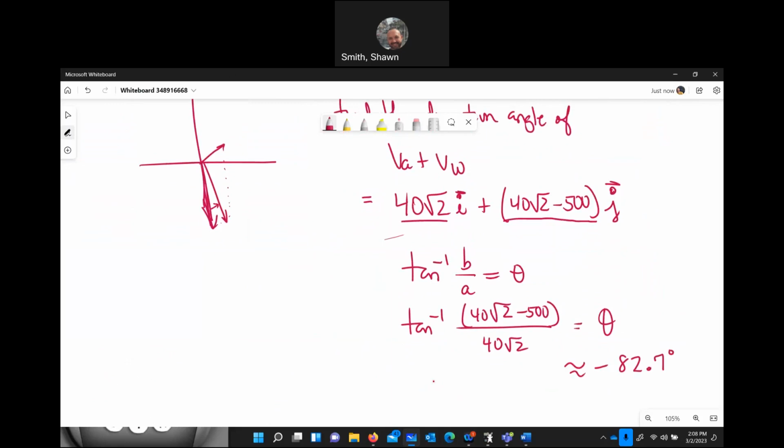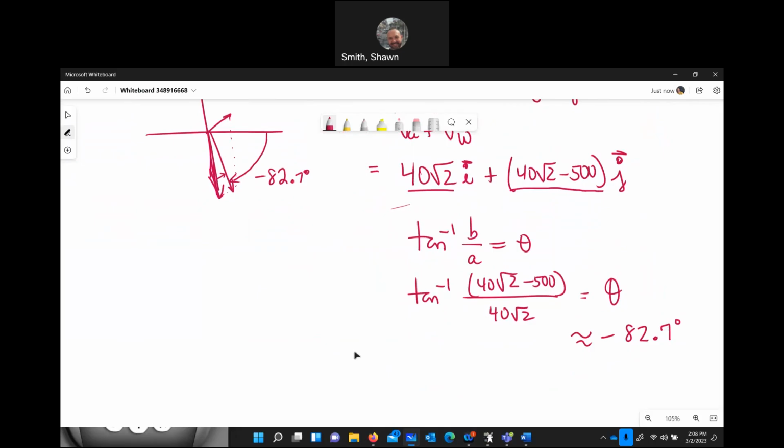In the real world, would it make sense to go around and say, I'm going negative 82.7 degrees? From what? Well, that's this direction. Remember bearings and those kinds of things? If you just give the angle, you have to say from due north.